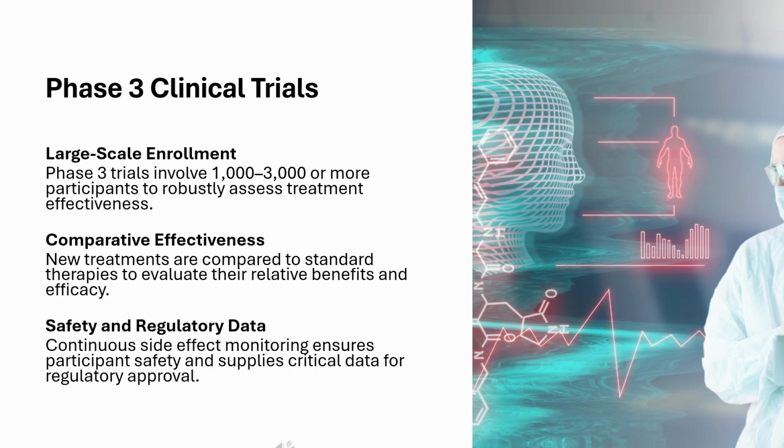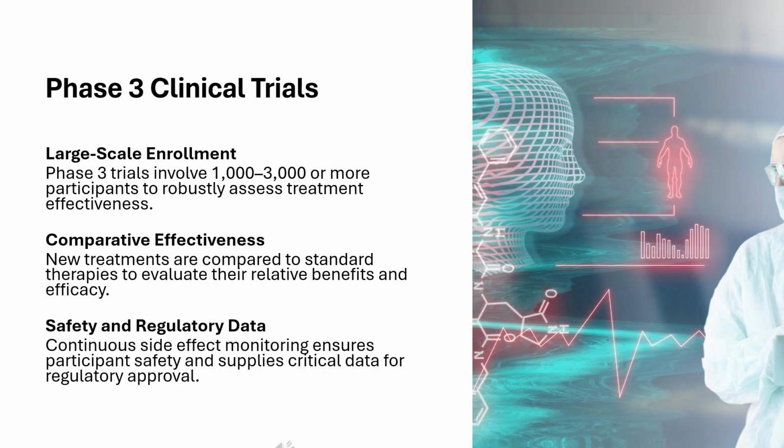The goal is to confirm the treatment's effectiveness in a diverse, real-world population, accounting for various ages, ethnic backgrounds, and coexisting health conditions. These large sample sizes increase the statistical power of the study and allow researchers to detect rare side effects or variations in treatment response.